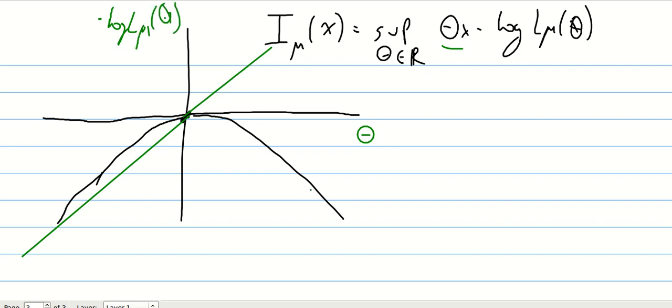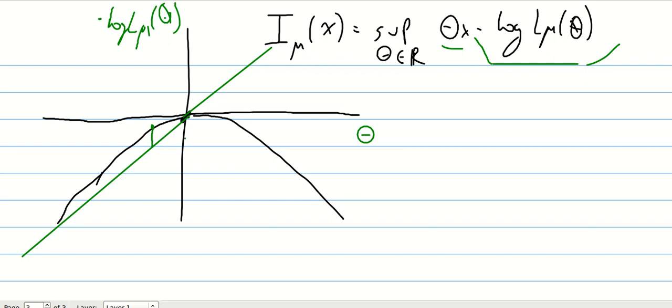So here, this black function is this, and the green line is this. The black includes the minus sign. So we are summing the two and maximizing. You see that the maximum is obtained when the curve is furthest away from the line. Here perhaps. So this is where the maximum is attained.